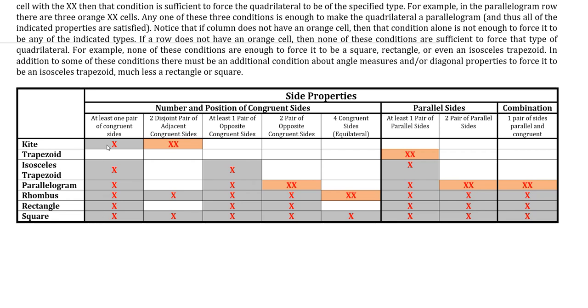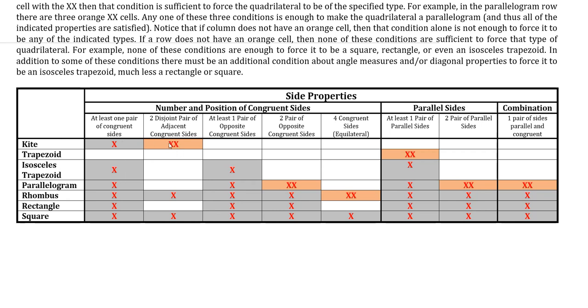In kites, you've got two disjoint pair of congruent sides that are adjacent or consecutive, right? Isosceles trapezoid, you got a pair of opposite congruent sides. In a parallelogram, both pair of opposite sides are congruent. In a rhombus, all four sides are congruent. In a rectangle, opposite sides are congruent. And in a square, all four sides are congruent.